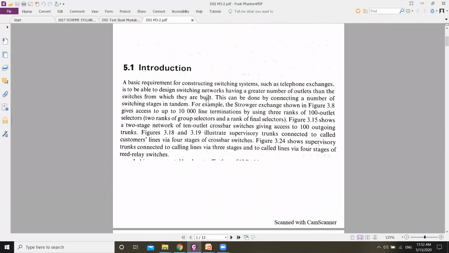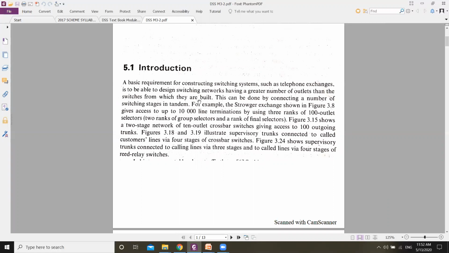The basic requirement for constructing switching systems, such as telephone exchanges, is to be able to design switching networks having a greater number of outlets than the switches from which they are built. What he's trying to say is we should be able to design networks having a greater number of outlets than the switches from which they are built.